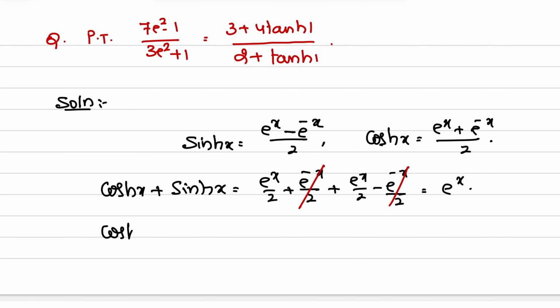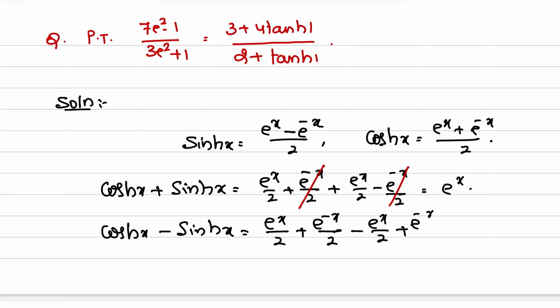Cos hyperbolic x minus sin hyperbolic x is equal to e to the power of x by 2 plus e to the power of minus x by 2 minus e to the power of x by 2 plus e to the power of minus x by 2, because it is minus sin hyperbolic x from the definitions. These two get cancelled, and the value will be e to the power of minus x.